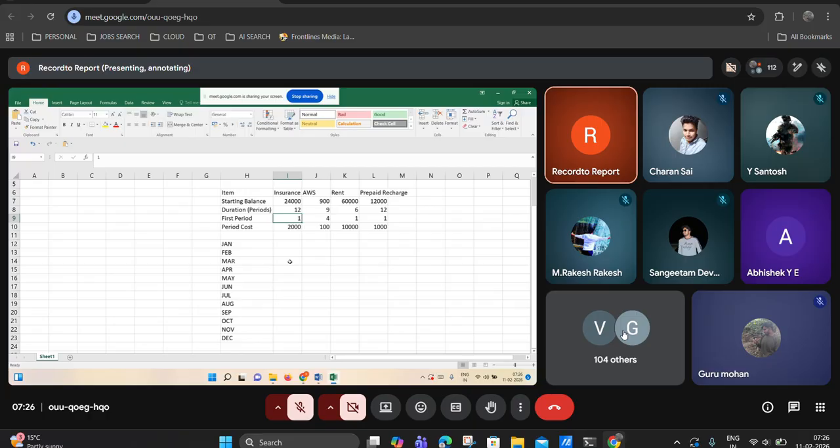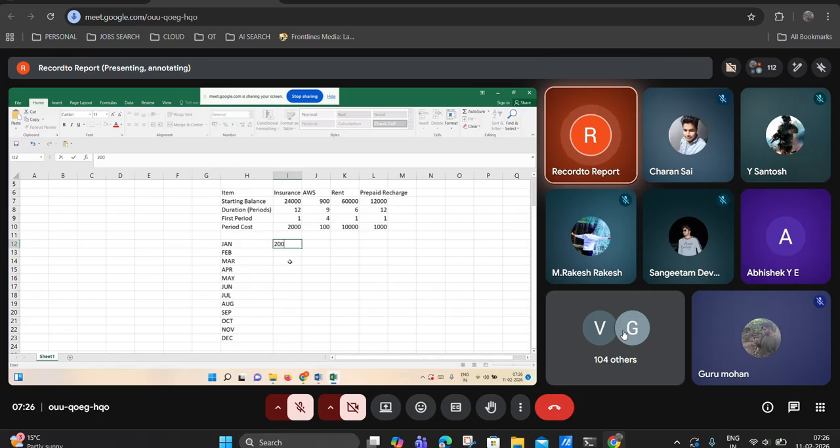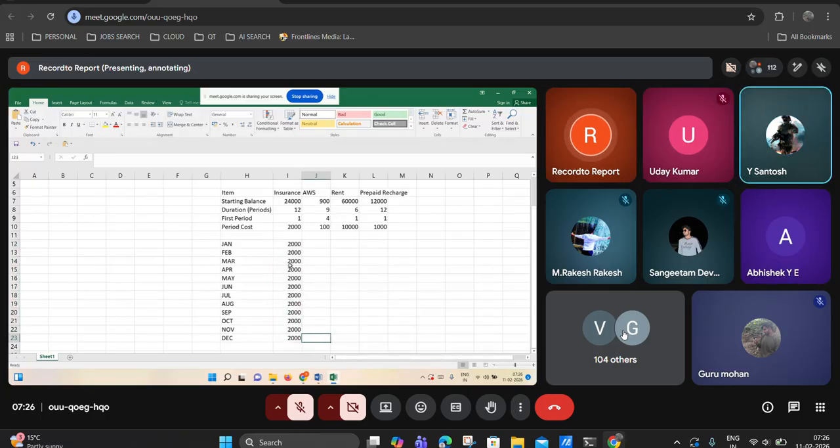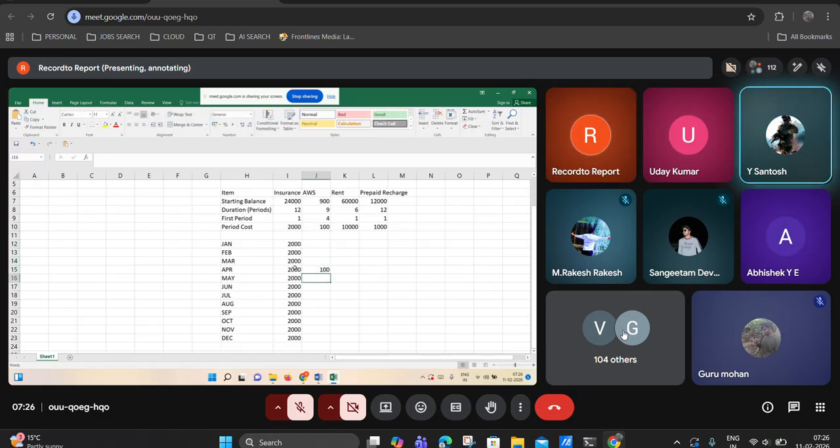January itself. How many months is it covering? 12 months, at 2,000. The AWS is mainly 9 months. When is the starting period? It is April, that means the fourth month.